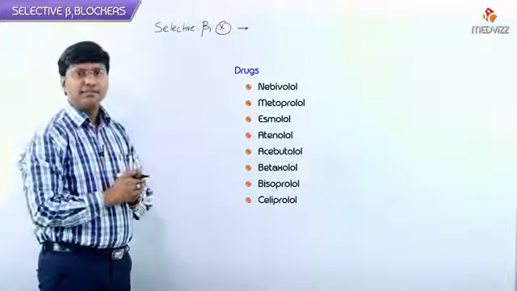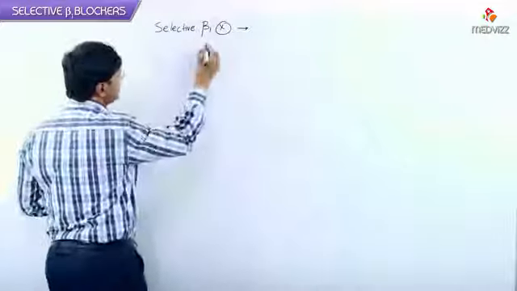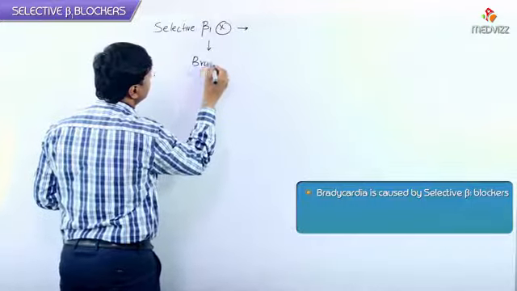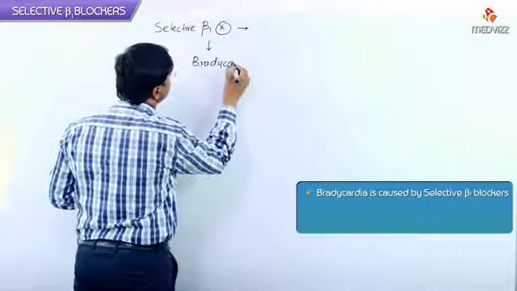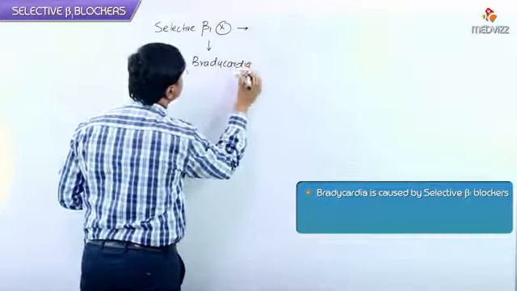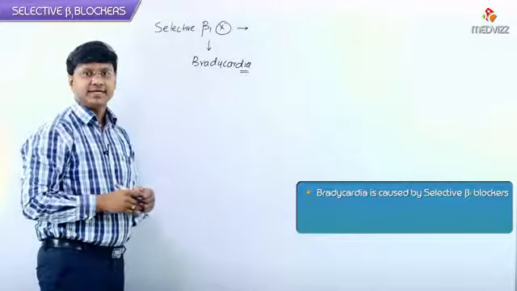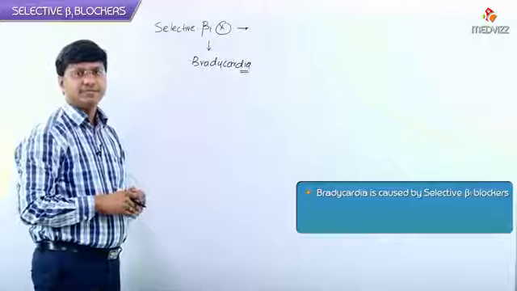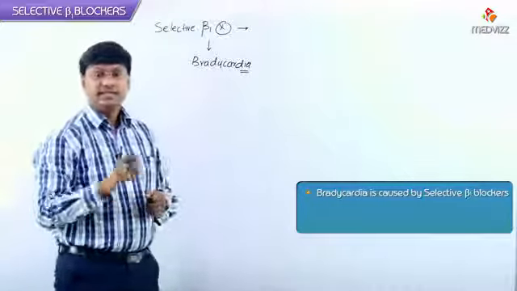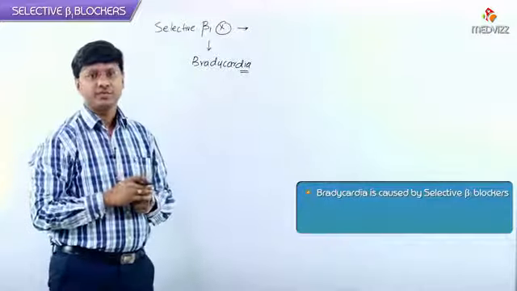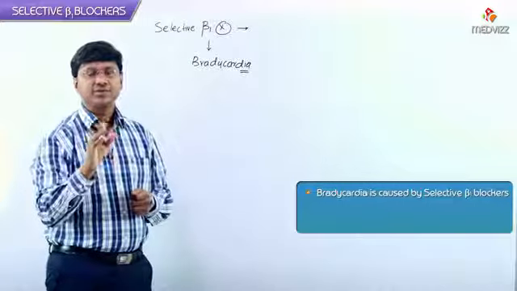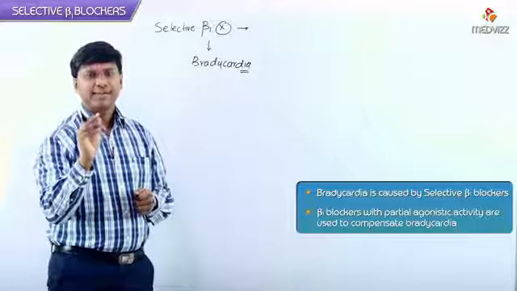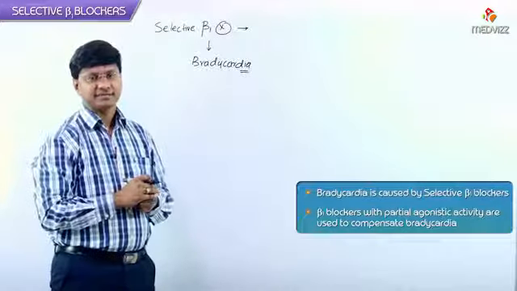But the problem with these beta blockers is that they will cause bradycardia, that is, they will cause a decrease in the heart rate of the individual. In some patients, what we have to do is use drugs that possess partial agonistic activity.